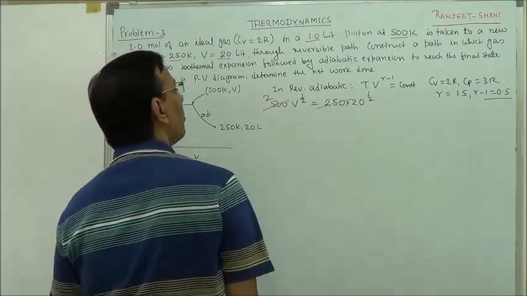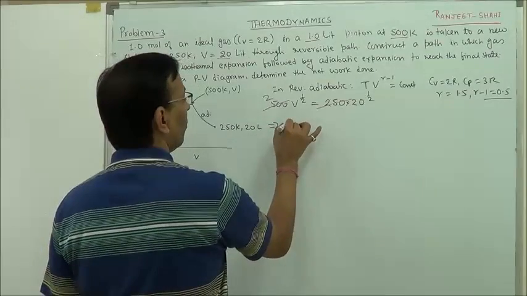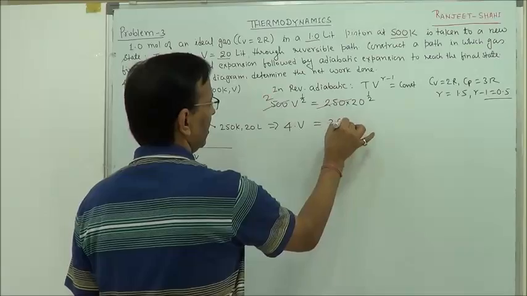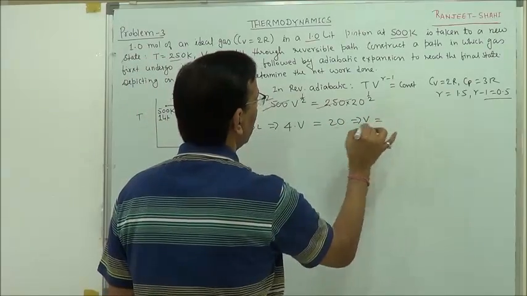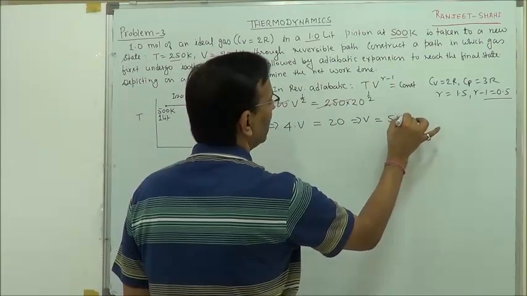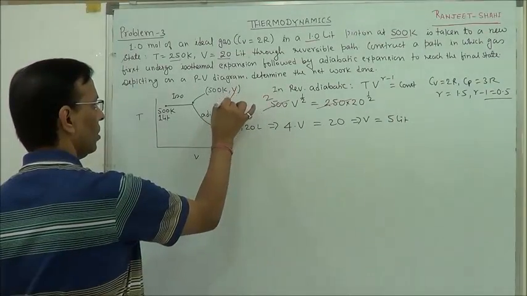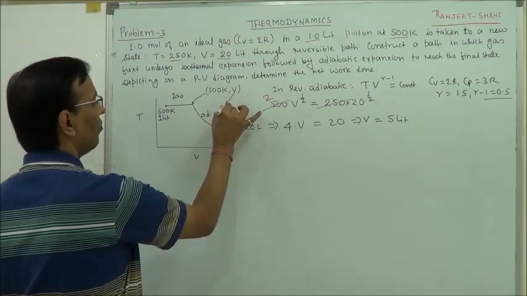Squaring the two sides, we obtain 4 into V is equal to 20. So V will be 5 liters. So now we have known V, 5 liter.